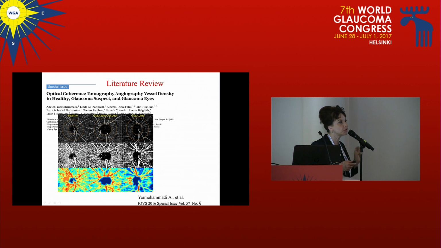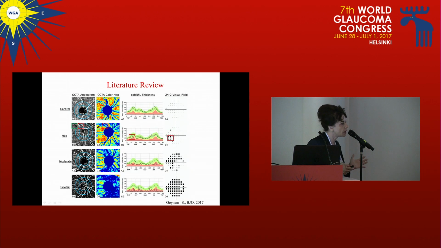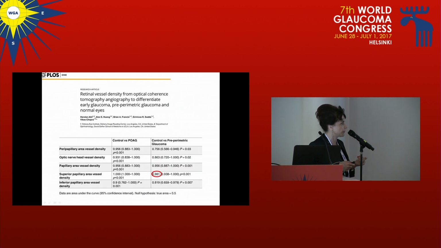The first multicenter study was conducted by American authors, who revealed a stepwise dropout of vessel density in the optic nerve head and peripapillary retina, the so-called hole-in-face image, from normal eyes to glaucoma suspects and severe glaucoma. Other groups confirmed these results and drew attention to the importance of evaluating vessel density in the inferior part of the peripapillary retina.